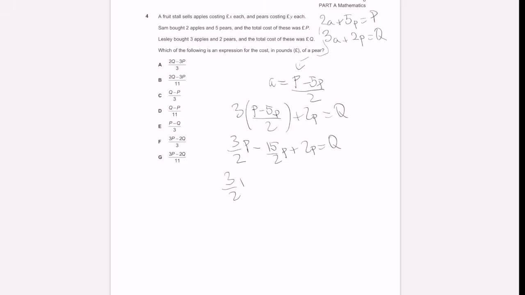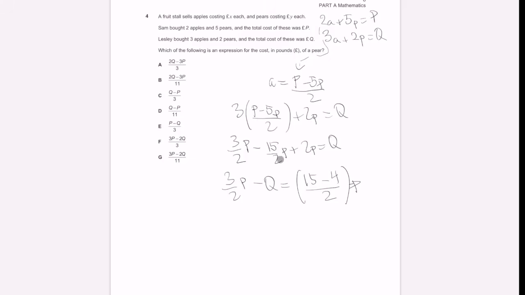Okay, 3 over 2 p, and then let's say take away q, bringing all the lowercase p's on one side. We're going to get, what is it, 15 take away 4 over 2. I'm skipping one step over here, or let's make sure that this here is a lowercase p.